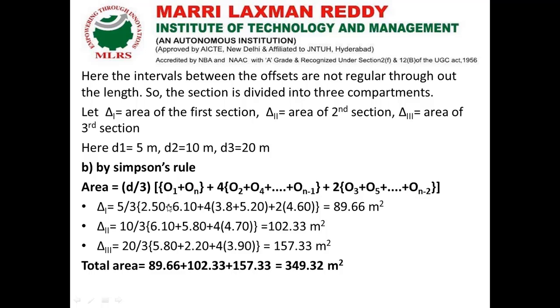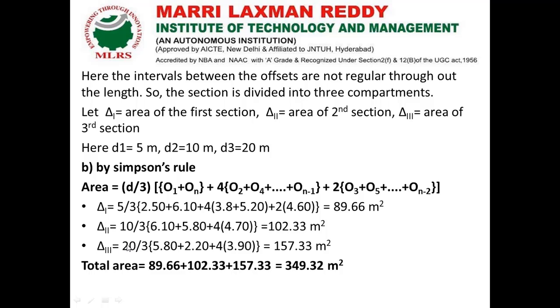For the first segment the distance d is 5 meter, so I am getting the area of 89.66. For the second portion my d is 10 meter, so I am getting the answer of 102.33 meters square.